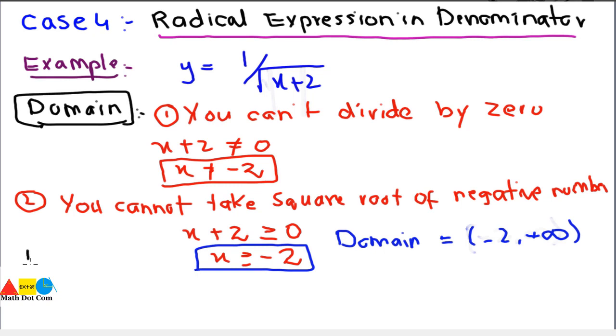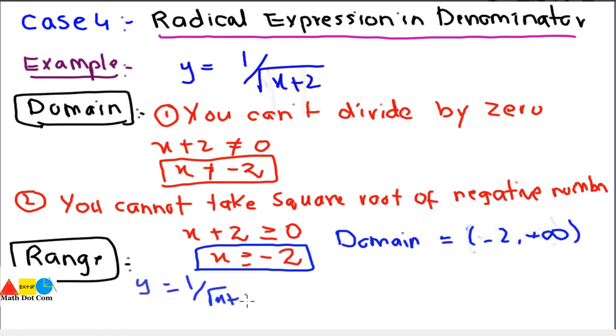Then we have the range, as range depends on the value of x. We can evaluate the range as one method: y is equal to 1 divided by the square root of x plus 2. If we solve this expression by taking the square on both sides, we will get y squared is equal to 1 divided by x plus 2, or we can further simplify it as x is equal to 1 divided by y squared minus 2.